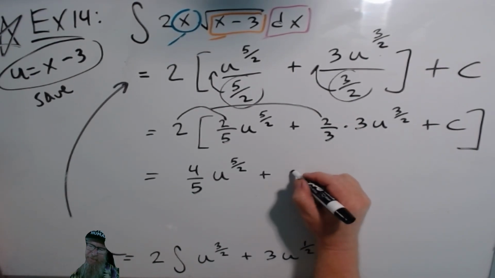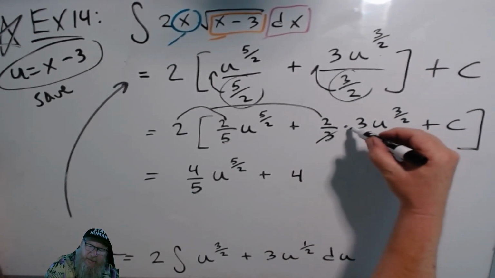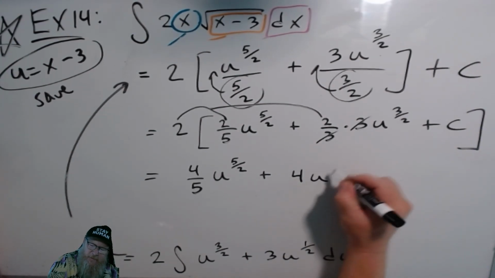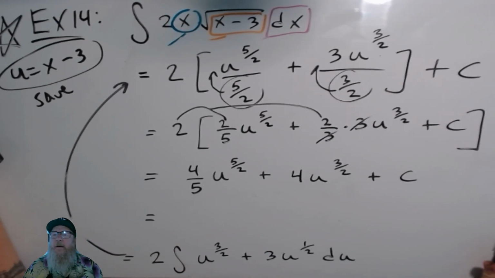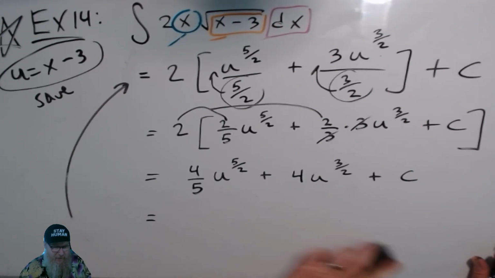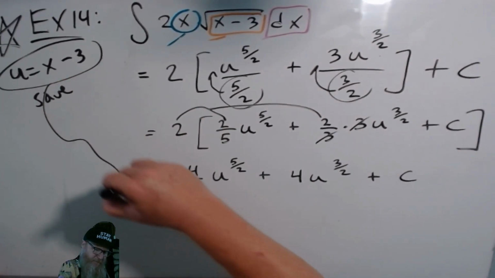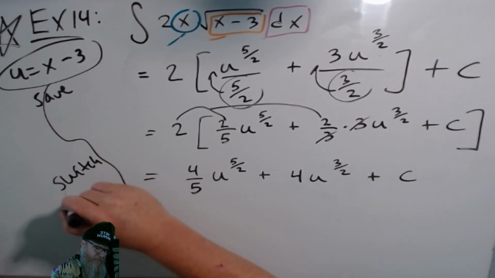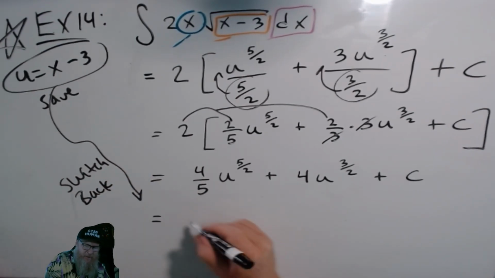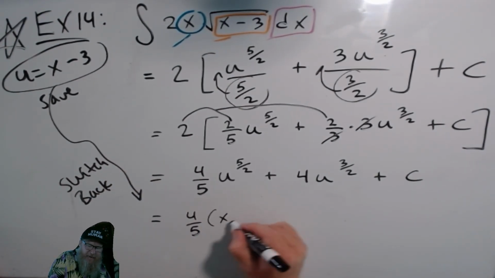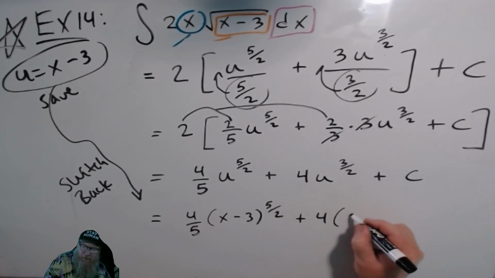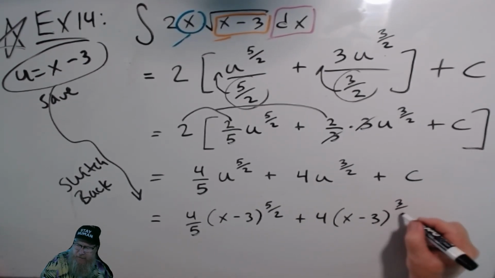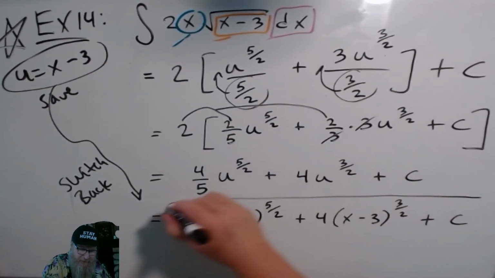And you're going to get 4, because these 3's are going to cancel. And finally, put u back in. So you're going to get 4/5 x minus 3 to the 5/2 plus 4 x minus 3 to the 3/2, and then plus c.